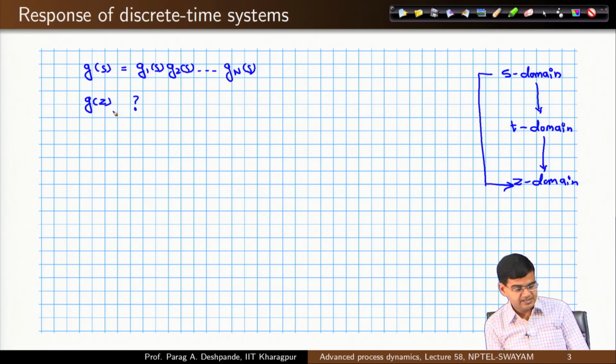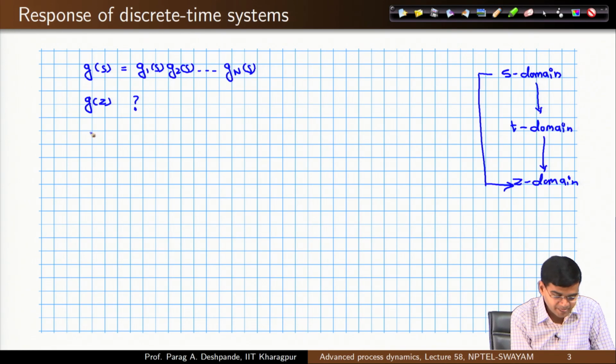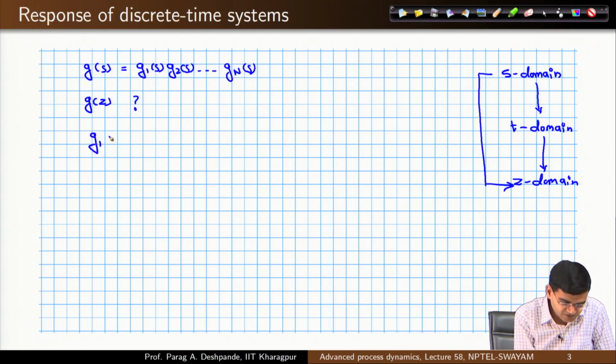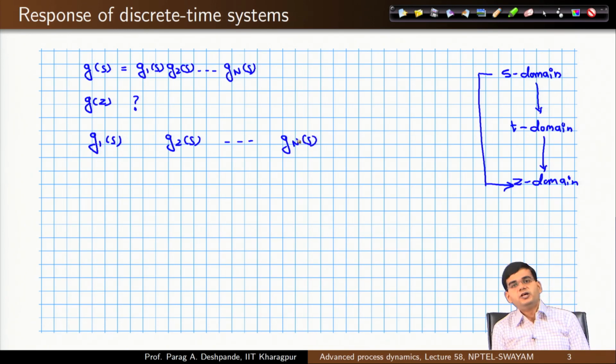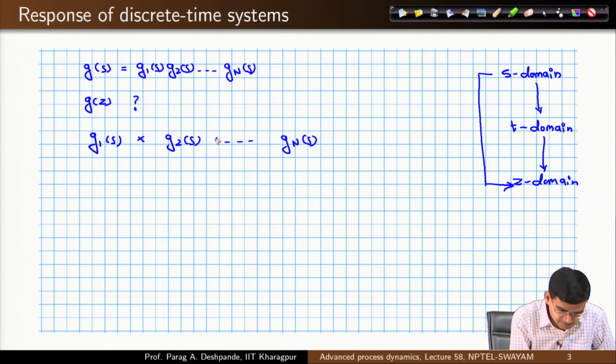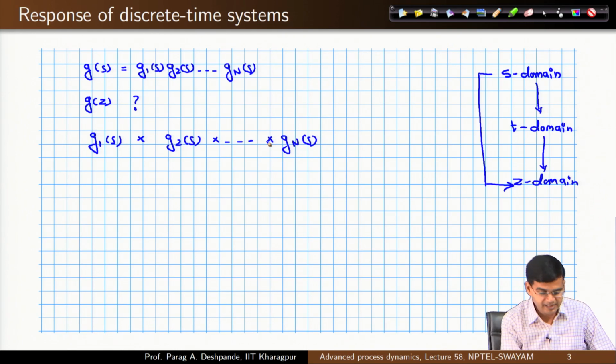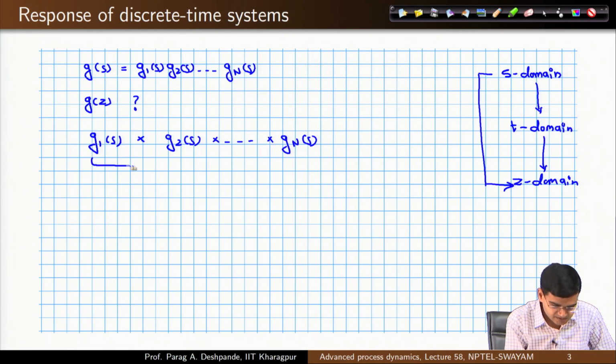What I do is this, and how do I get G of s? I have G1 of s available with me, I have G2 of s available with me, and so on. I have Gn of s available with me. What do I do? I multiply them, and then I do this.